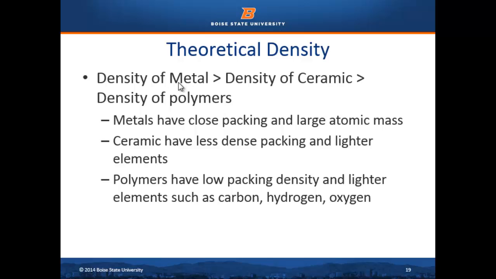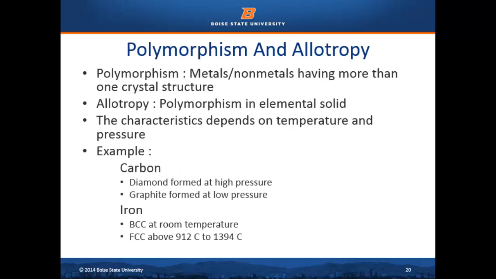Why is this trend observed? It is because they have close packing and also have large atomic mass. Ceramics are less dense because they have less dense packing and are made from lighter elements. Similarly, polymers have the lowest packing density and they are made from light elements like carbon, hydrogen, and oxygen. Therefore, this trend is observed.